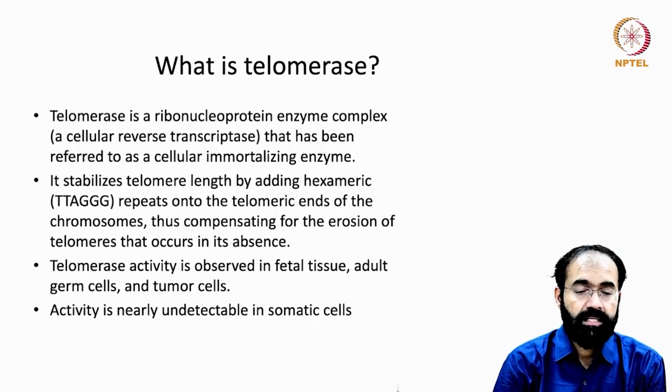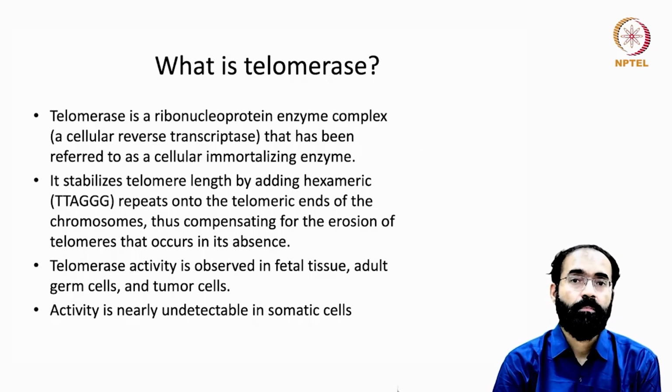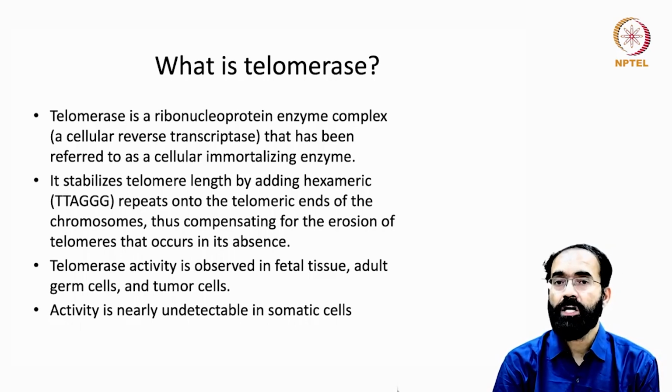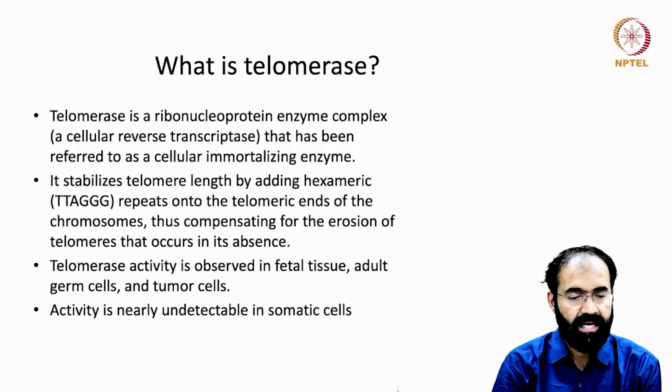And telomerase is also referred to as an immortalizing enzyme. The reason being, if the telomere lengths are not going to be shortened, the cell is kind of immortal. It is not going to die at all, as in the case of cancer.